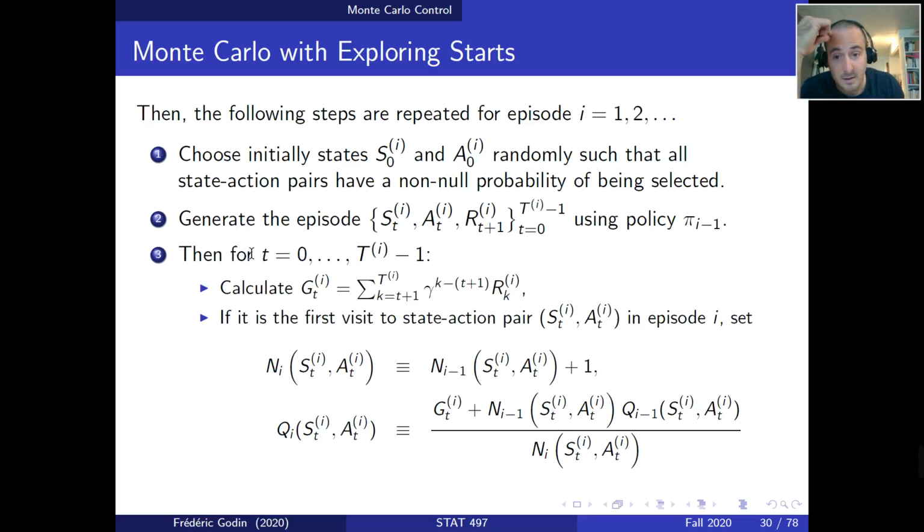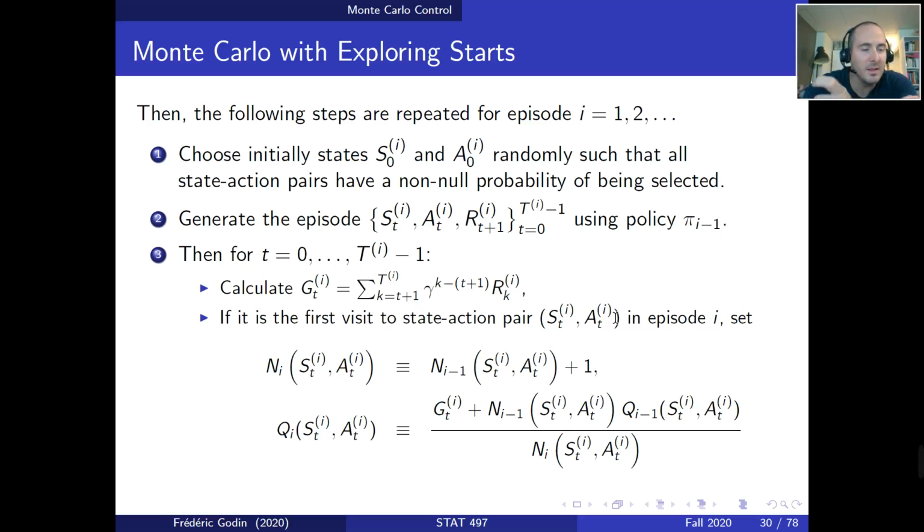For every time t in episode i, you calculate the return, and if it's the first time the state action pair S_t^i, A_t^i is visited in episode i, then you increment or refine the action value function estimate for that state action pair. If at time t the state action pair has been encountered earlier in the episode, you do nothing.